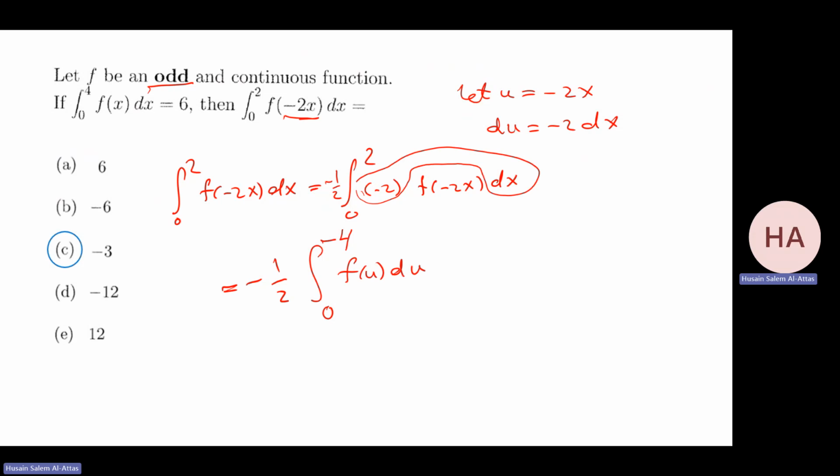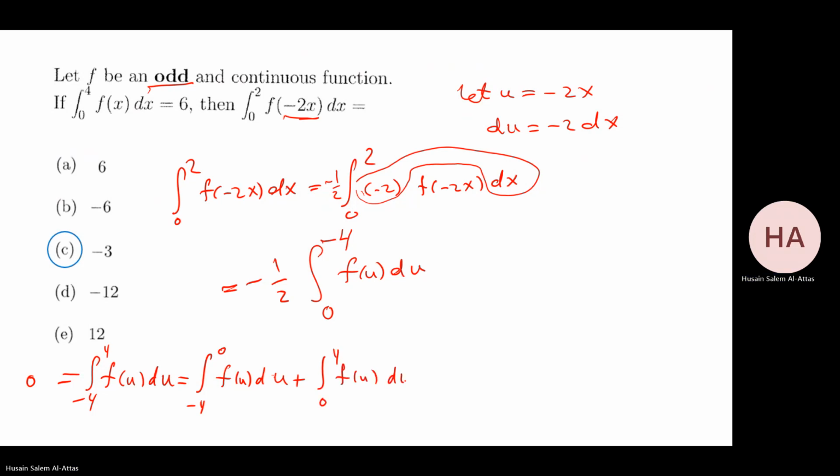But you have 0 to 4, and this is 0 to minus 4. What's going on? You notice that this is odd. From minus 4 to 4, f of u du is minus 4 to 0 f of u du, this is 0, plus 0 to 4 f of u du.